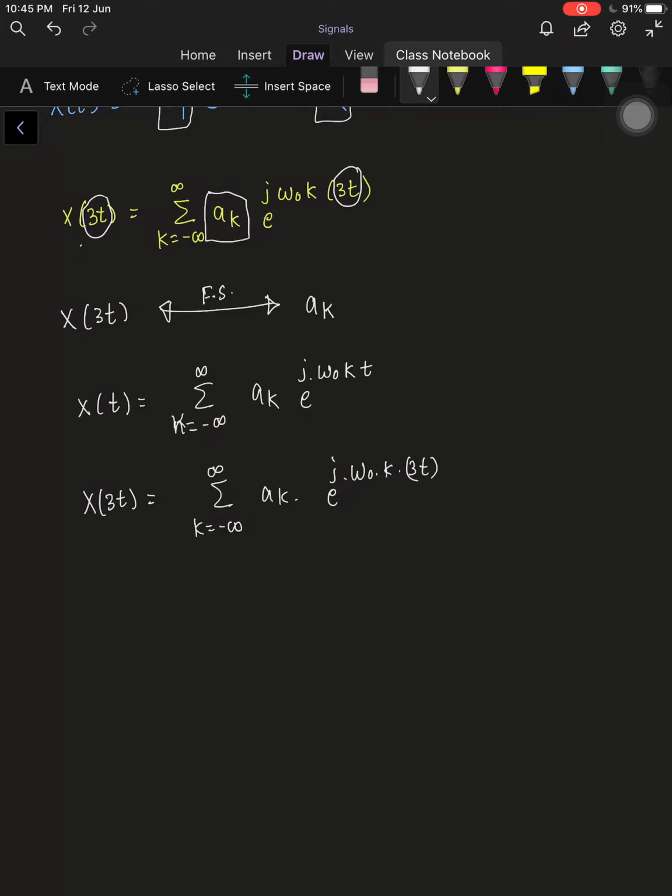Instead of writing this, I will modify this complex exponential as e power j into 3 omega naught k into t. What should this tell me?